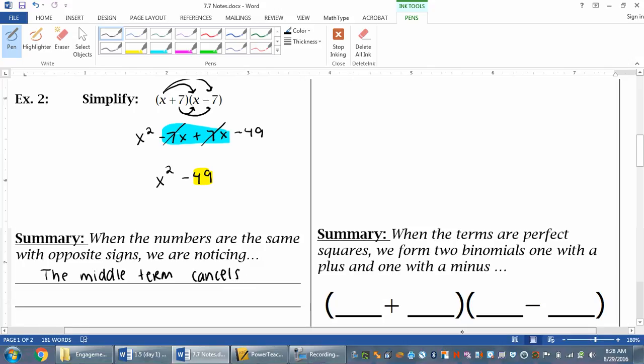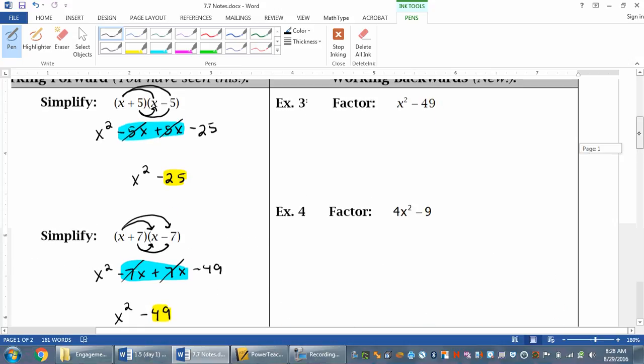Now let's talk about what we are going to learn. What we're going to learn how to do today is factor x squared minus 49 into the two binomials. But we're normally used to seeing three terms. Remember, what multiplies to the third and adds to the middle? But recognize that there isn't a middle term. What you should recognize is 49 is a perfect square. So we're going to start by splitting x squared into x and x.